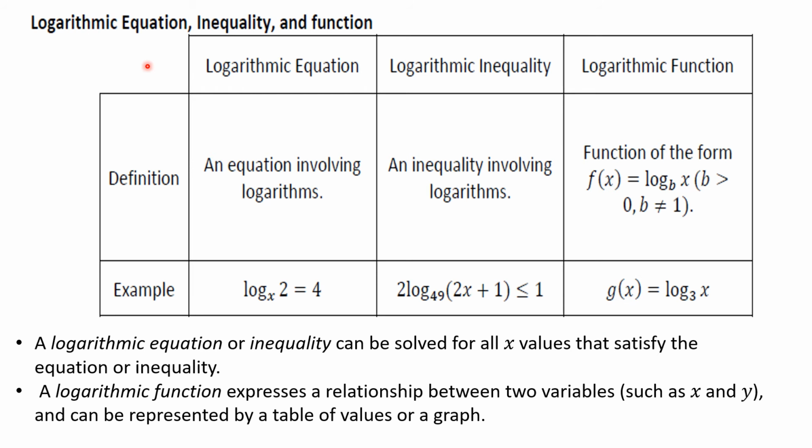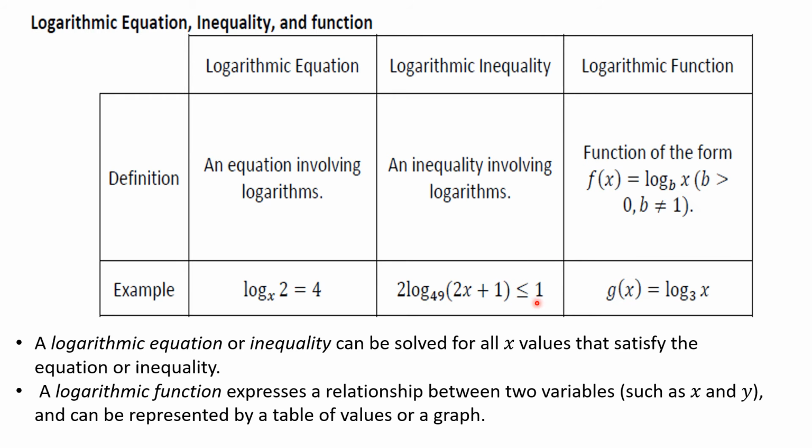Now let's proceed to the difference between a logarithmic equation, inequality, and function. A logarithmic equation is an equation involving logarithms. Here is an example: the logarithm of 2 with base x is 4. In a logarithmic equation, we are solving for a certain value of x so that both sides of the equal sign are equal. A logarithmic inequality is an inequality involving logarithms, so we use inequality symbols.